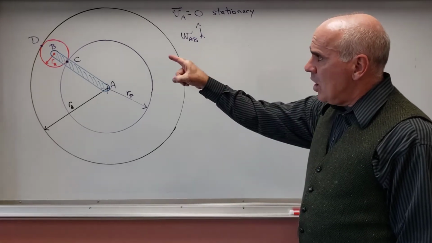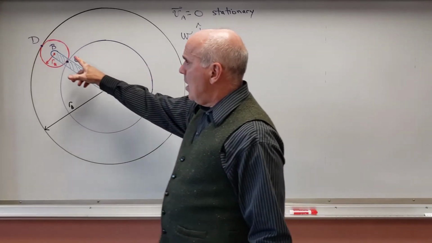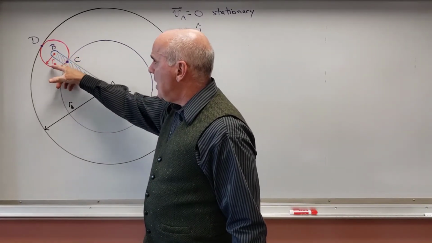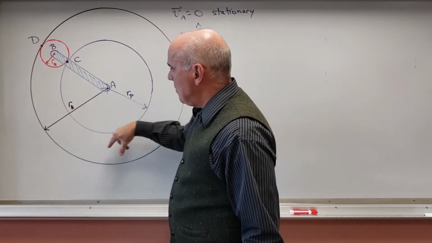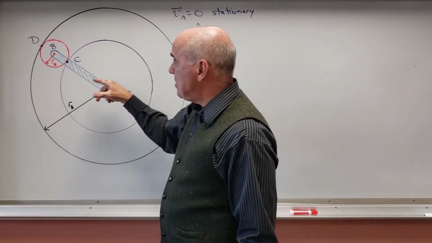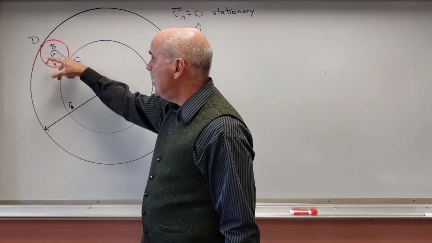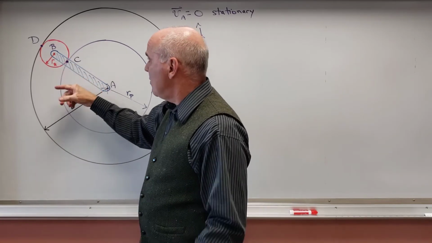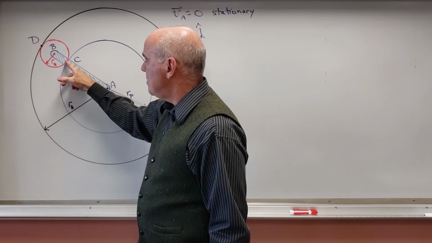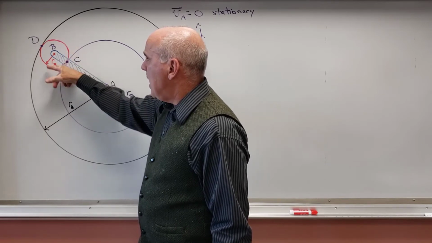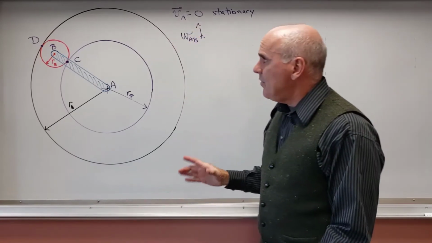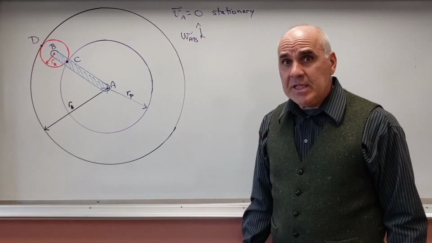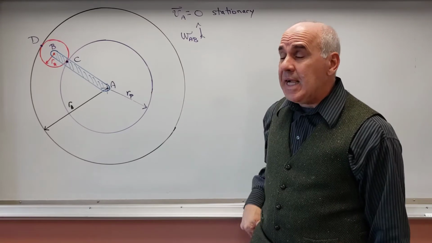And so that's going to cause the red gear to roll, if you will, around the purple gear. And what I'm interested in is how fast is it rolling, and what else is going on here. So there's a speed of the gear as it rolls. And then D is also going to be causing a rotation of the black gear. That's kind of what we're anticipating is going to happen.